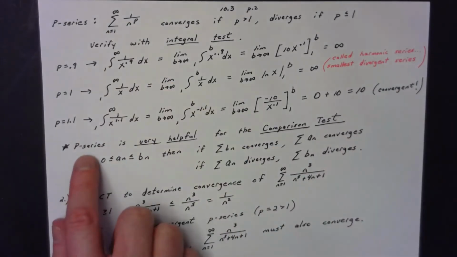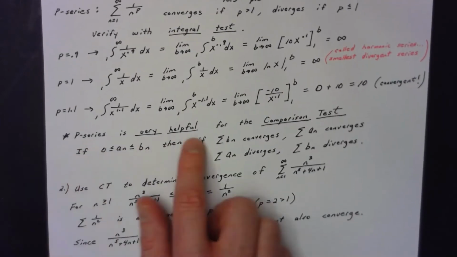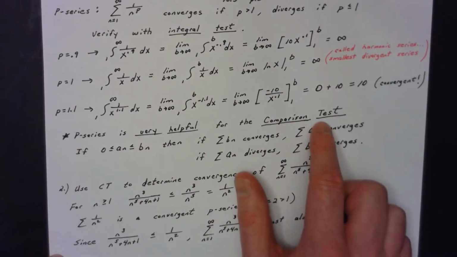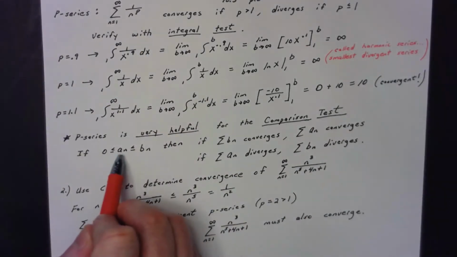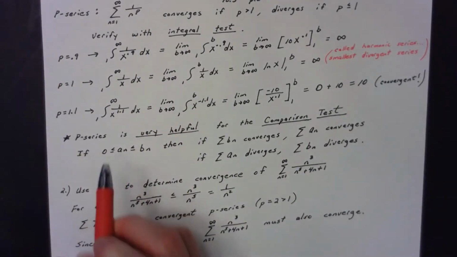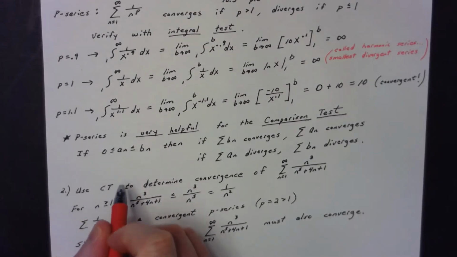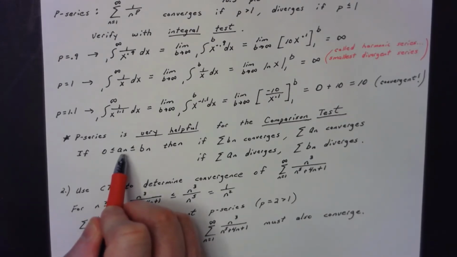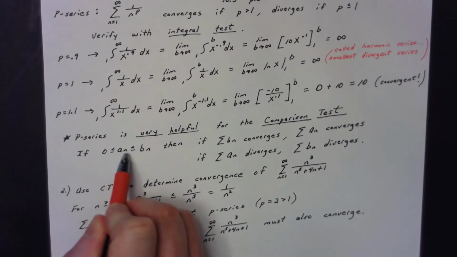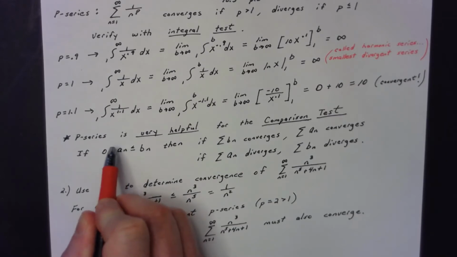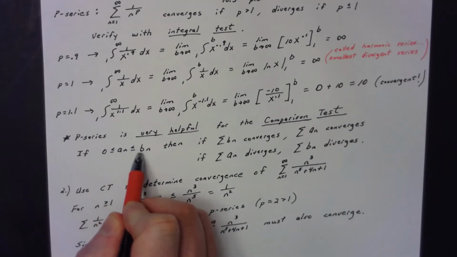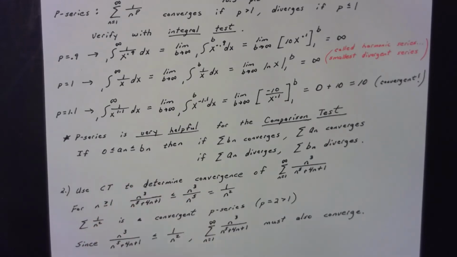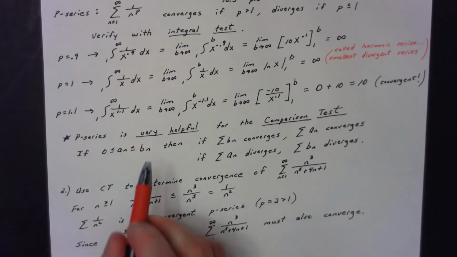Now, this p-series is going to be very helpful for use of the comparison test. What the comparison test is, now keep in mind, a sub n is just the general term of the series that you're working with. So let's say if a sub n, the general term of some series that we're working with, is greater than 0, but less than or equal to the general term of some other series, let's say b sub n, a series I can demonstrate the convergence or divergence of.